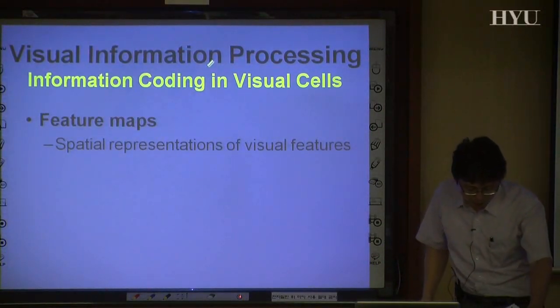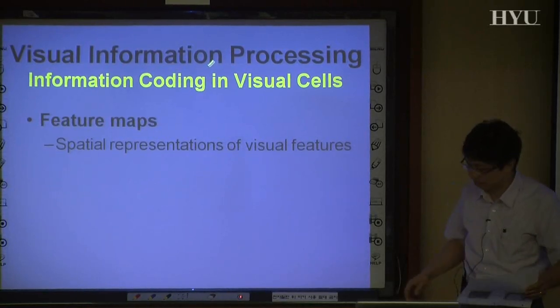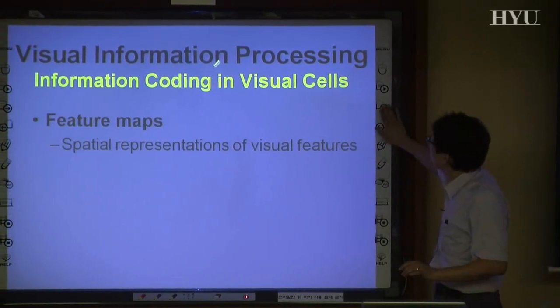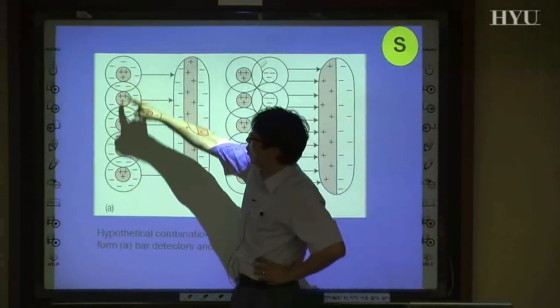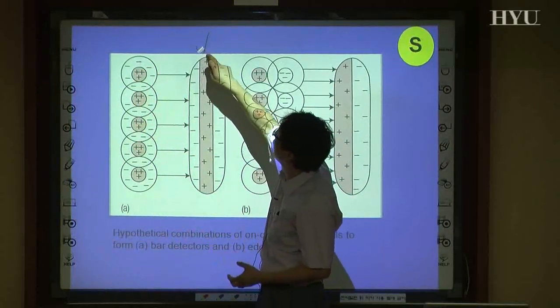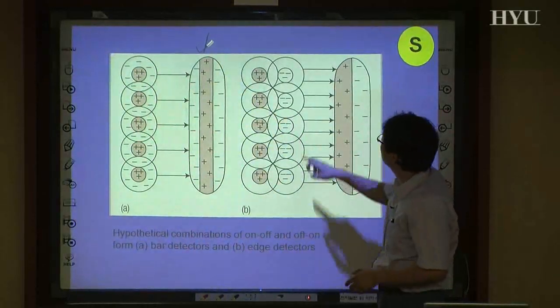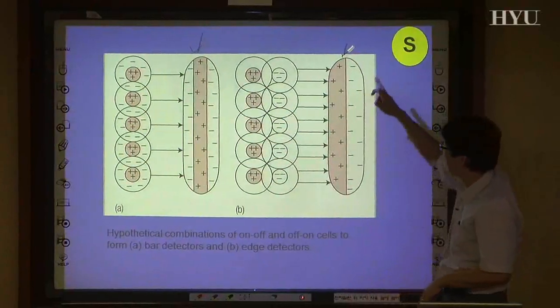The last part of visual information processing is the feature map. That is what I explained: when the on-off cells are combined, we can make a bar detector. Combined with this one, we can have another bar detector, also an edge detector.